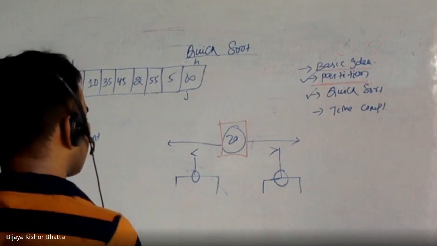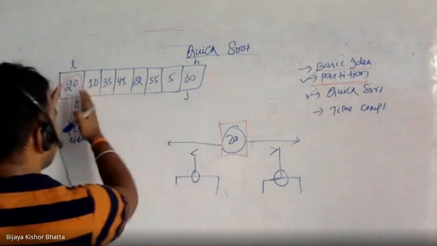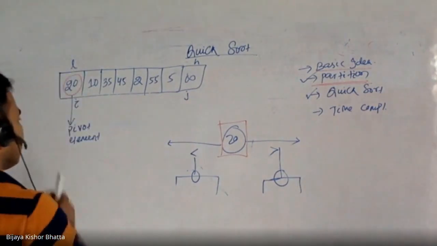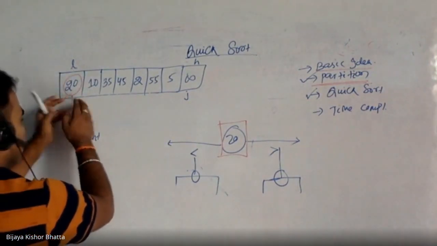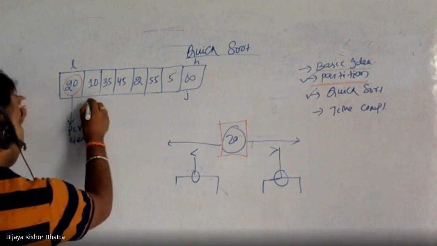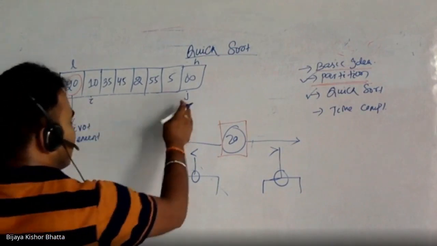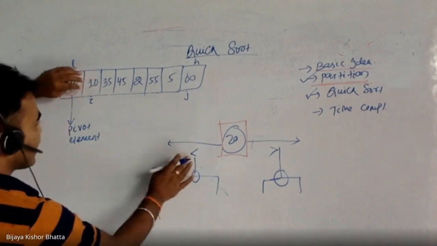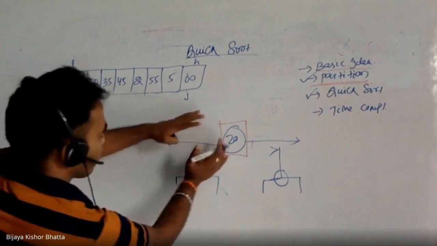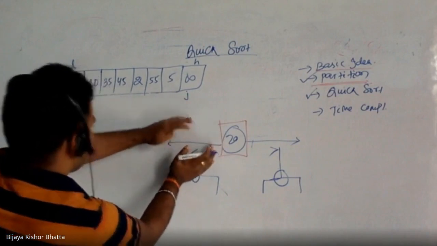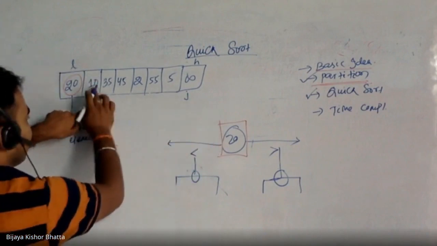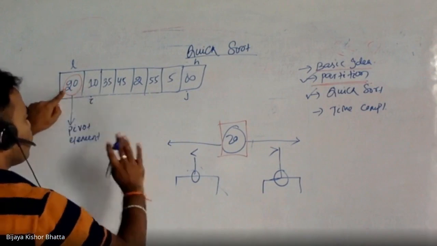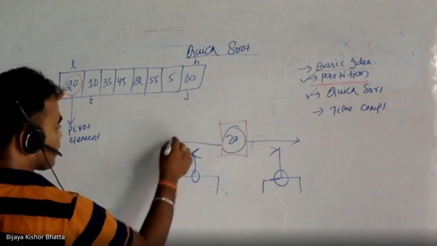Now what should I do to achieve that? You should start with this I. Let me move I one step. Now I is here, and J we will move later. Since you need a smaller number on the left-hand side, if we see any number less than 20, then don't do anything, because I need lesser numbers. Lesser numbers means 10 and all these.